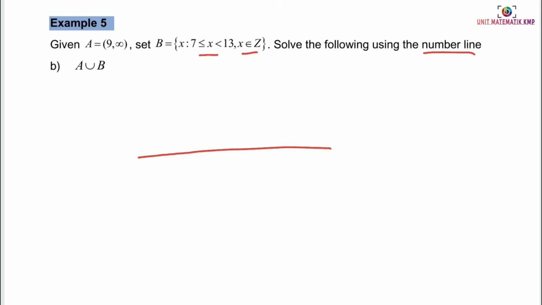From both A and set B, the smaller value to higher value are 7, 8, 9, 10, 11, 12 and infinity. Mark the values on the number line.